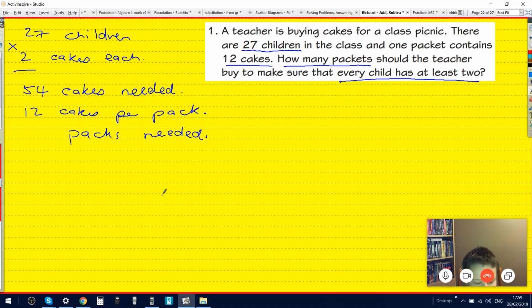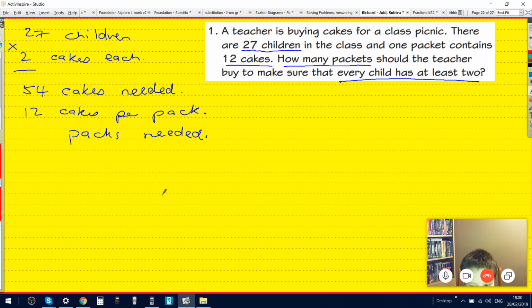How many cakes would I have if I bought one pack? You would have 12 cakes. 2 packs? 24. Is that enough? No. Okay. 3 packs? 36. Is that enough? Yes. How many cakes do I need? 36 cakes.